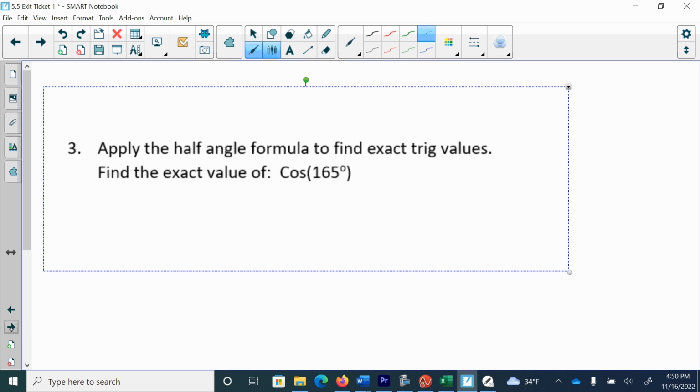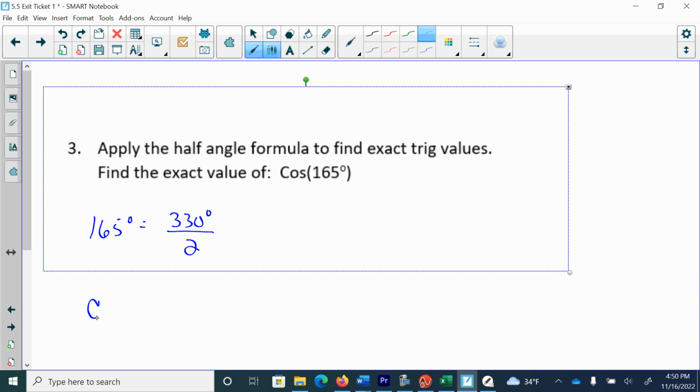Moving on to the next one, it says apply the half angle formula to find the exact trig value for the cosine of 165. So I'm going to say 165 is equal to what angle over 2? We'll double that, and it's going to be 330 degrees over 2. This is going to allow me to use the half angle.